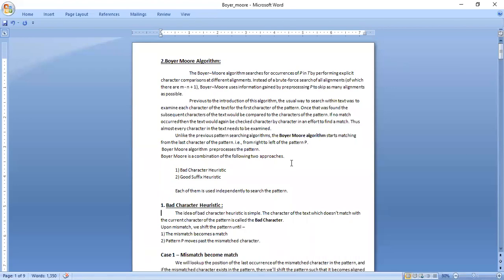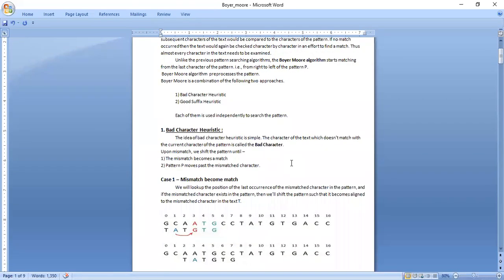So the Boyer-Moore algorithm is a combination of two approaches, a bad character heuristic and a good suffix heuristic. Each of them is used independently. By using any one of these rules, the Boyer-Moore algorithm processes the pattern matching problem.